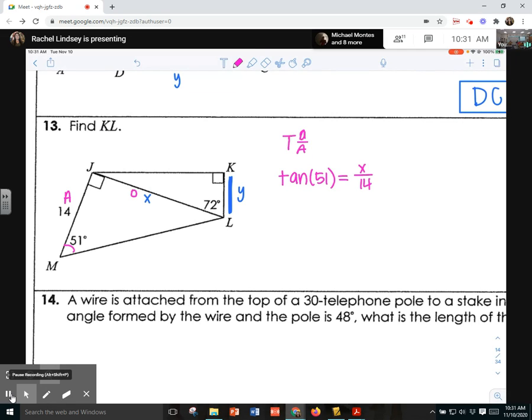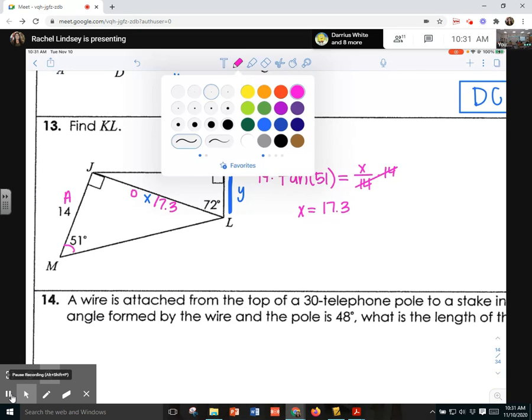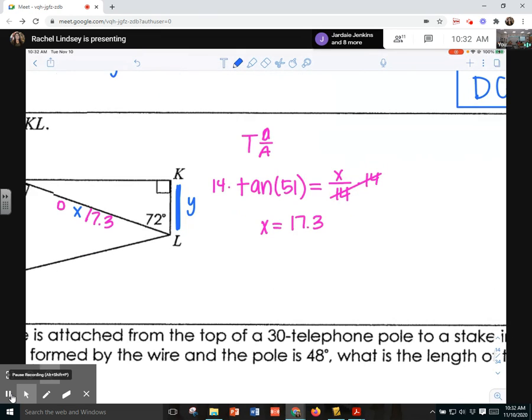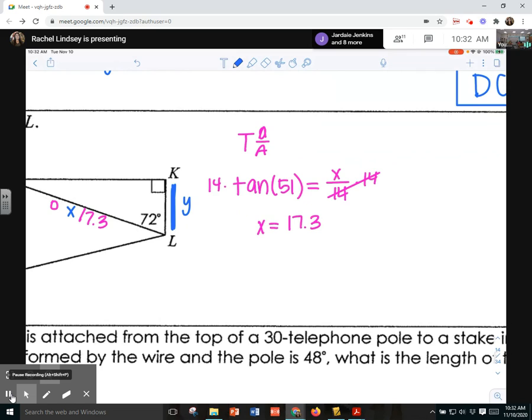So to solve for x, I'm going to multiply 14 on both sides. And 14 times tangent 51 gives me x is 17.3. This side's 17.3. So now I can solve for y, looking at 17.3 and y and the angle 72.